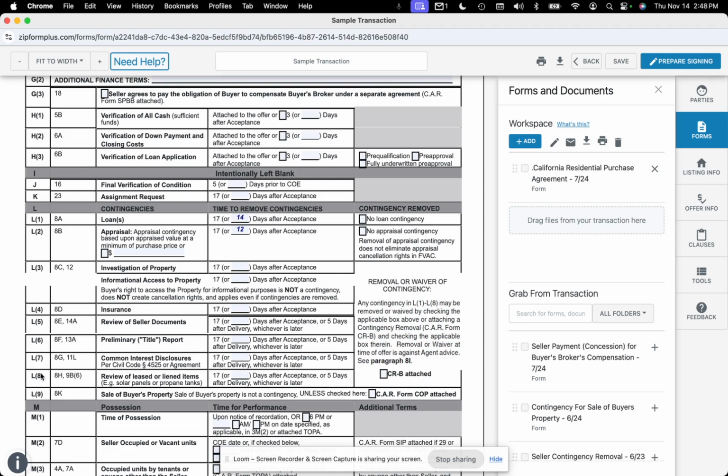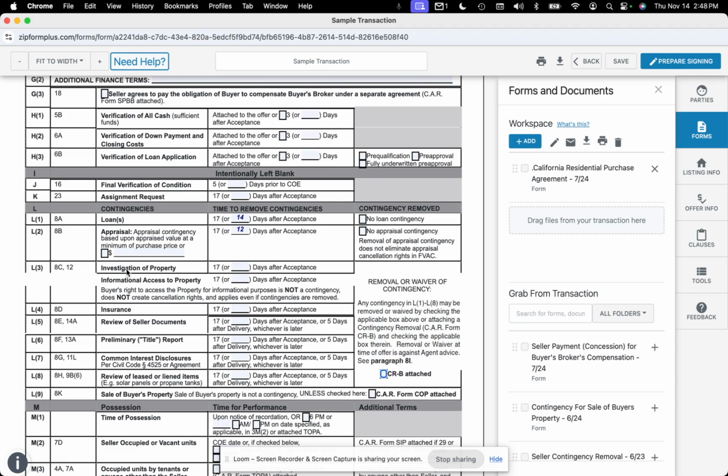So L3 through 8 is your inspection contingency, your inspection period. Okay. Now, if you were going to remove any of these contingencies, you would have to do it on the contingency removal form. That's CR-B, and you would attach it, click this, attach that form, and check off the ones you're removing.